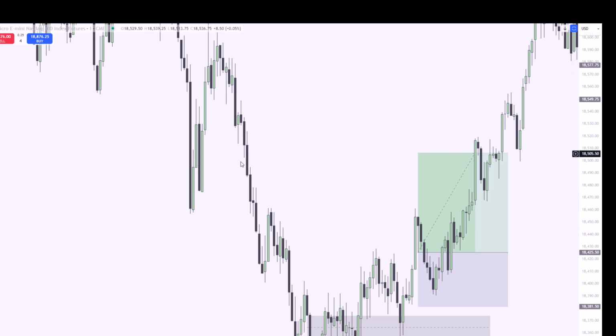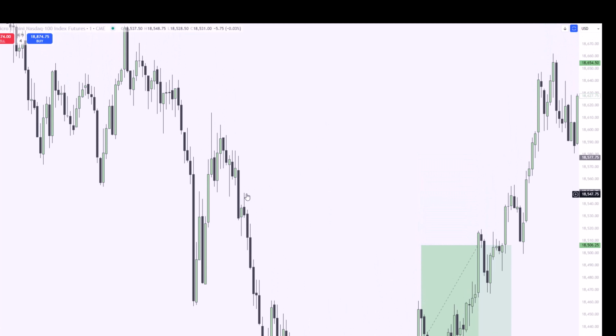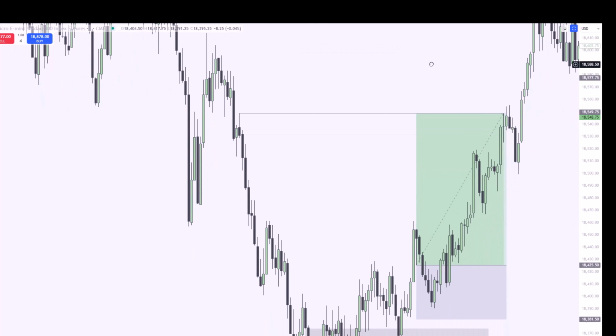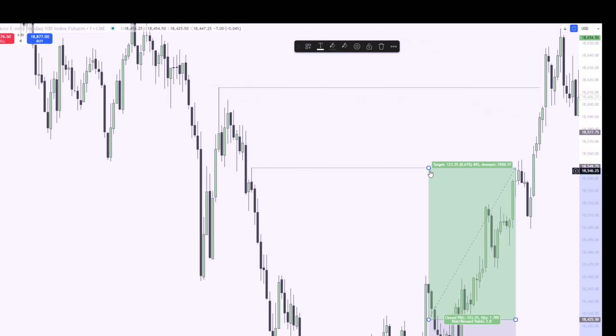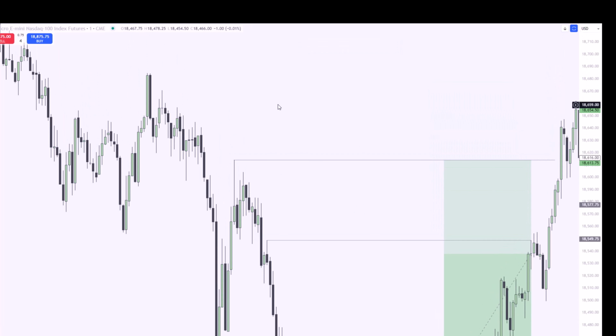So the first one will be here for 2.8R. And then the next obvious ones are those relative equal highs that you can target to make it like a 4R. And ultimately, price trades even higher to take this one.